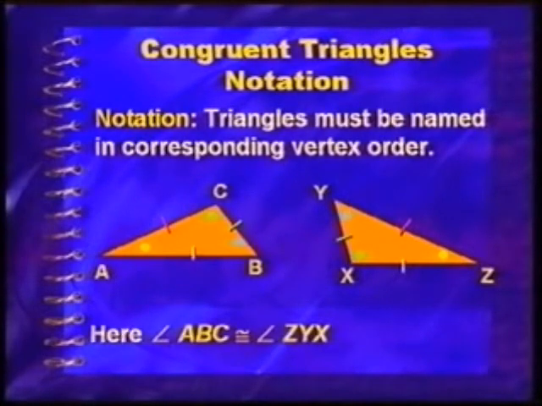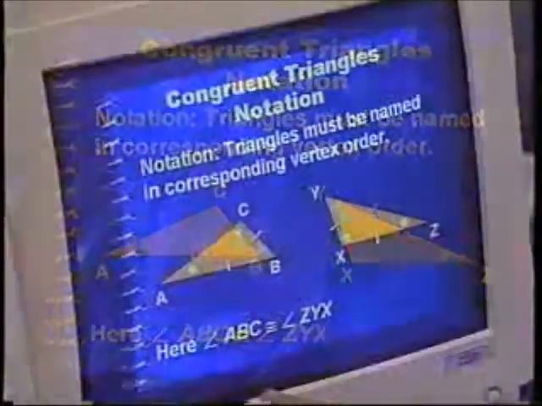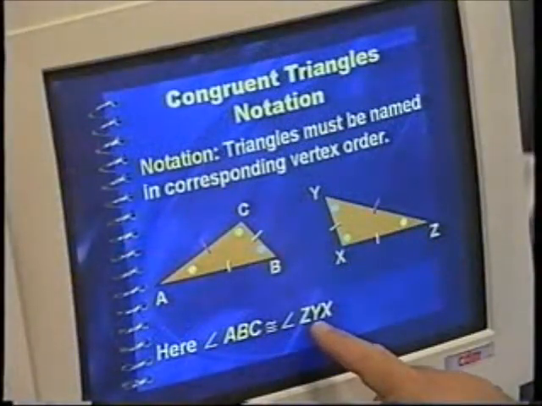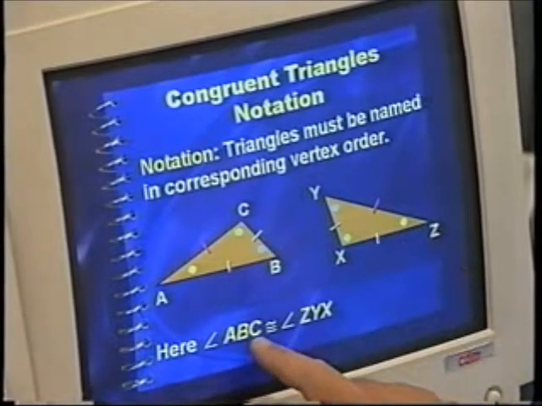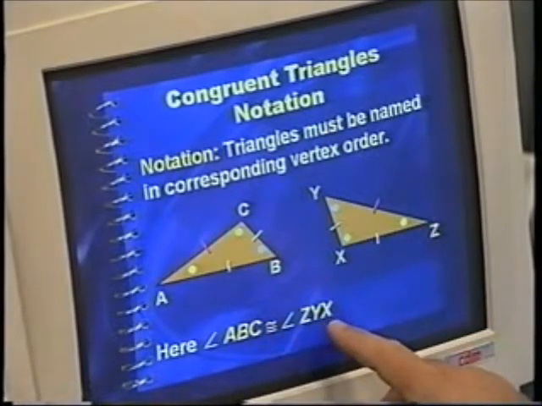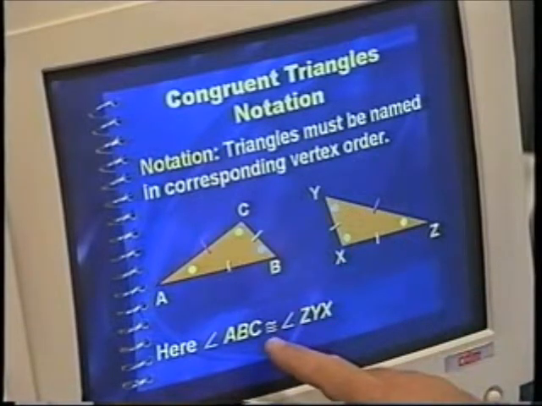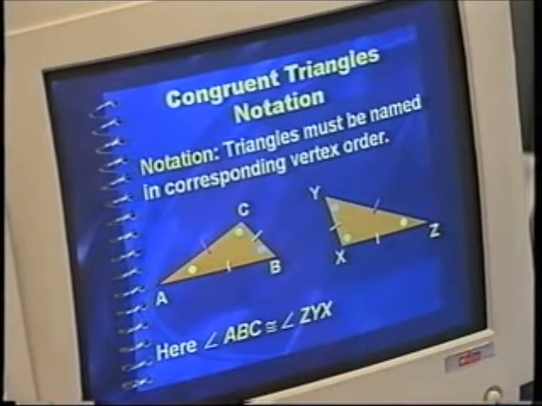Now you have to make sure that they match up. So you mention A first, then you should also mention the one that corresponds to A in the second one, and that is angle Z there. And B corresponds to Y, as you can see, and C corresponds to X. It's very important.